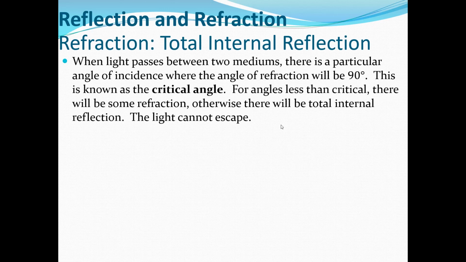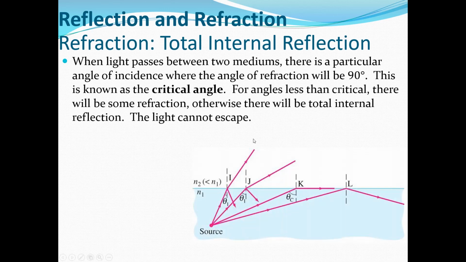This angle is what we call the critical angle, where the light will come in and, based off of Snell's law, will end up having a refraction of 90 degrees. So any angle that's greater than the critical angle will end up causing what we call total internal reflection, where all the light just reflects back into the medium and won't actually get refracted through.